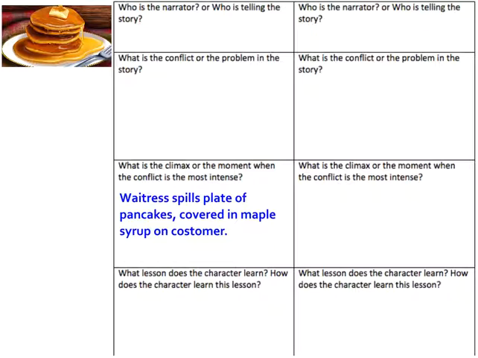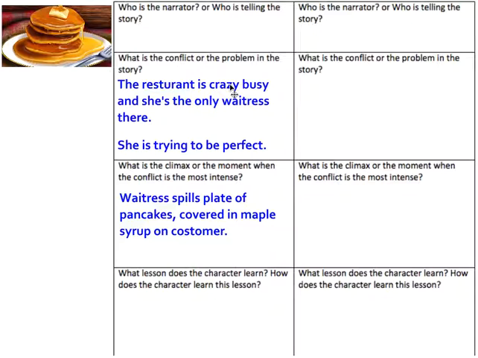That's the climax. That's the moment when the conflict is most intense. So what's the conflict? Now you need to go back and really think through, what do I want the conflict or the problem of the story to be? So I'm going to say that the conflict of my story is that the restaurant is crazy busy. She's the only waitress at the restaurant and it is so busy. It's packed.